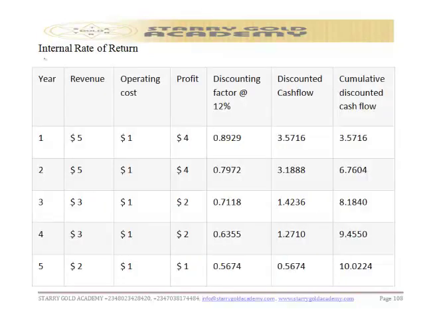Now the next one in the line is internal rate of return, and we are also using the same question. Now these are discounting factors. Why do we use this? When we want to calculate internal rate of return, there is something we used to do.